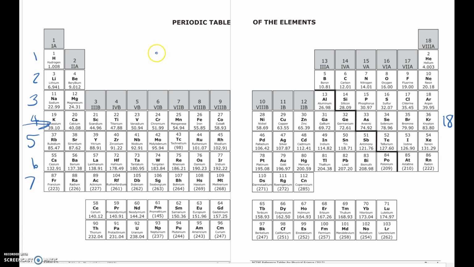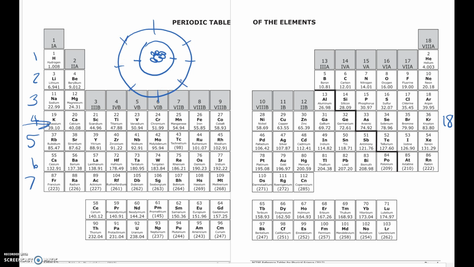So row 1, if you have your nucleus in the center, or I should say ring 1, row 1 has 2 squares, so that means you can fit 2 electrons in the first ring. Row 2 has 8 squares, so you can fit up to 8 electrons in the second ring.